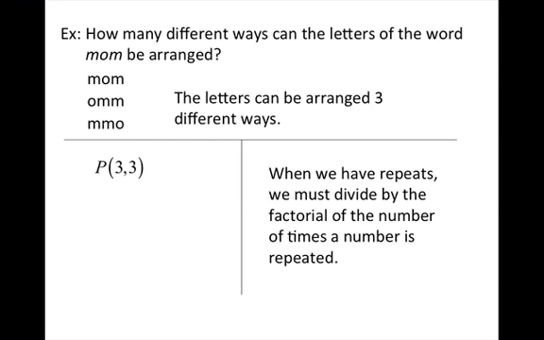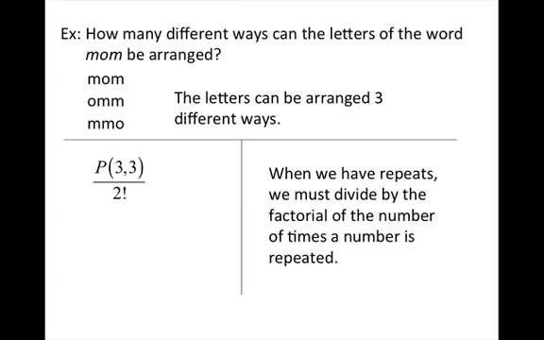The rule is when you have repeated letters or repeated objects, you must divide by the factorial of the number of times a letter or an object is repeated. So in this example, I had 2 M's. So I have to divide by the factorial of that 2. If the M had been repeated 3 times, I would have divided by 3 factorial.